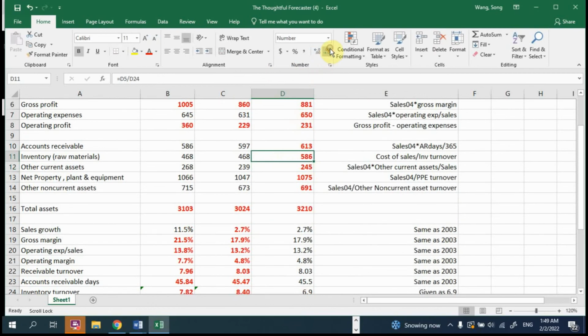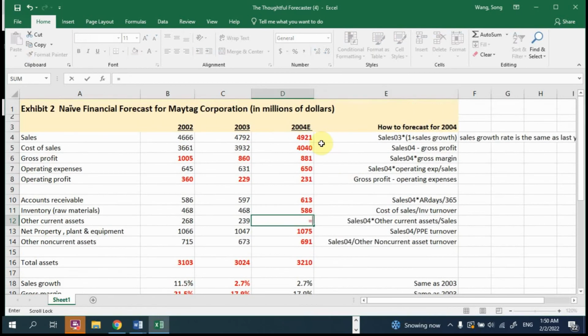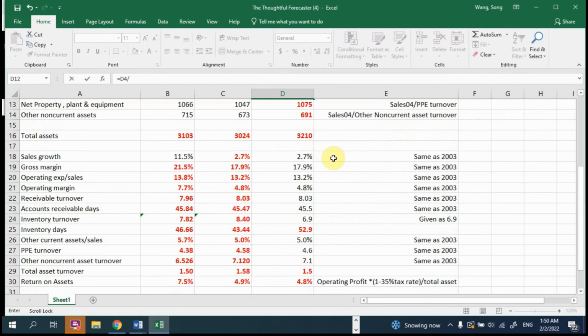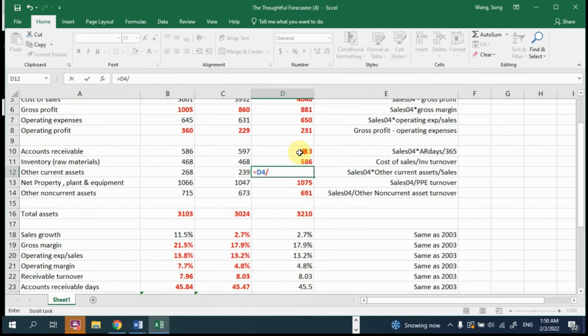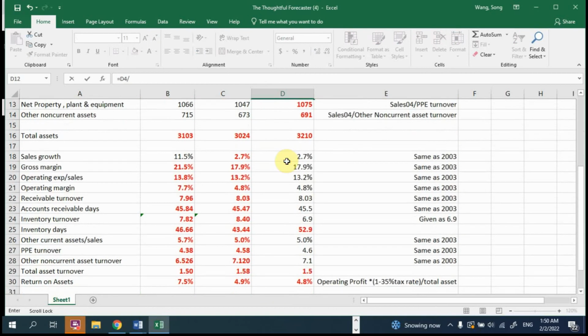Decrease the decimal. And you also see other current assets. Same rule: I'm going to use sales and the ratio I calculated or was given by the textbook. The other current assets to sales ratio is here, 5.0%. So use the sales divided by the other current ratio.